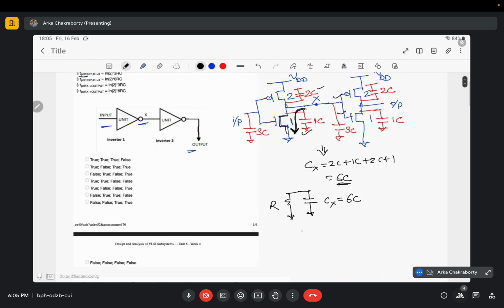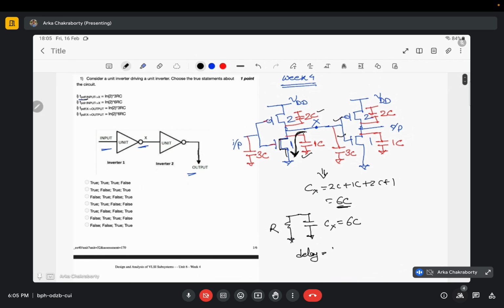Here the delay, that is t propagation delay for falling from input to x, would be equal to ln2 into R into Cx, which is basically 6C, so ln2 R into 6C, so it would be 6RC ln2, and here it is given 3RC ln2, so it is false. The first one is false.